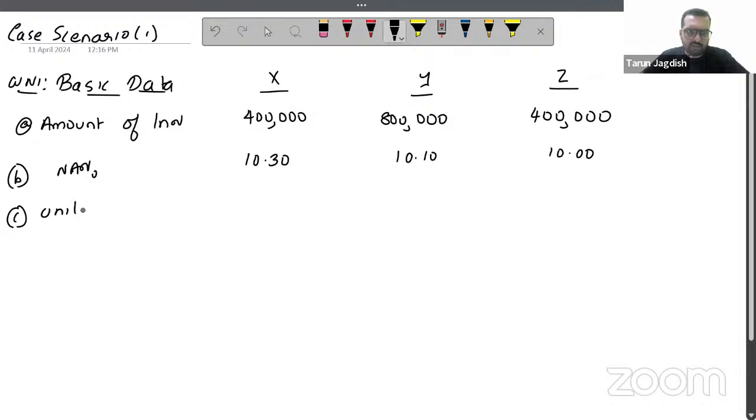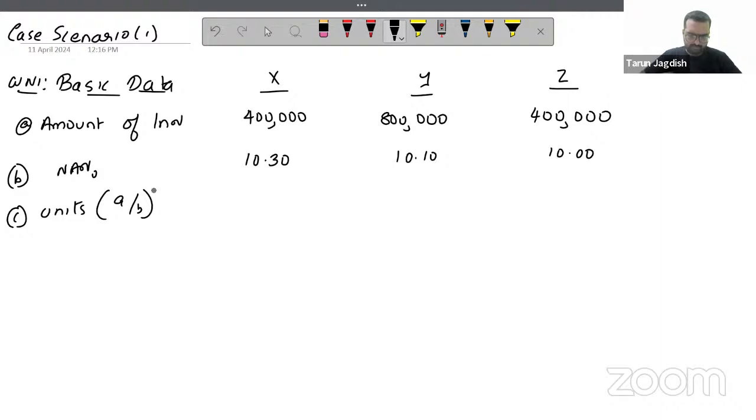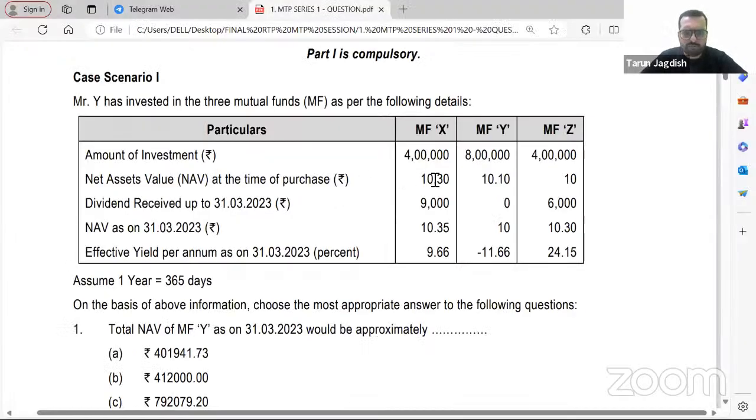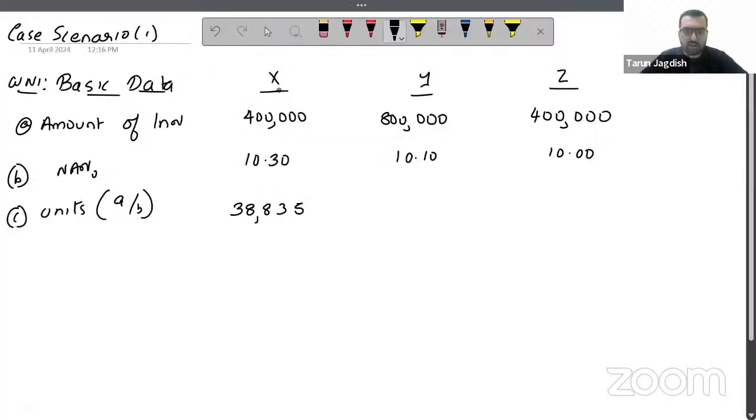From this, can I find out the number of units, A divided by B? That is 38,834.95 at the time of purchase. Am I right? Yes.